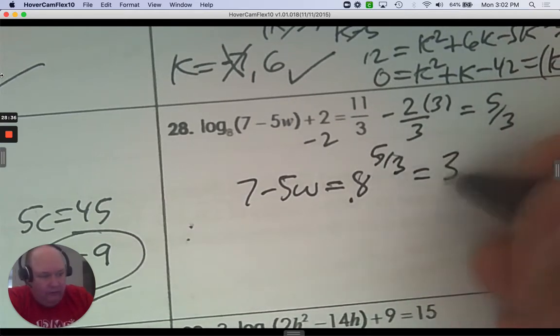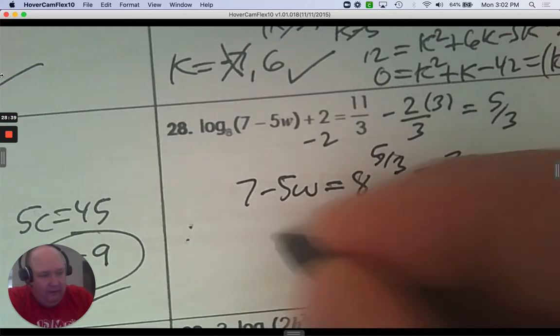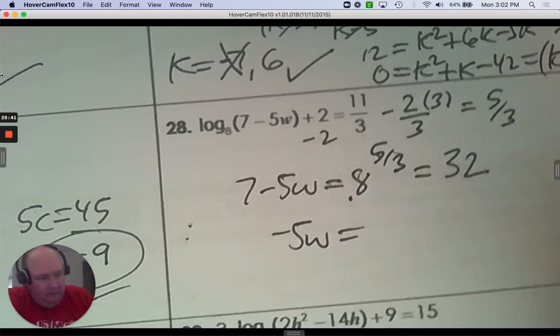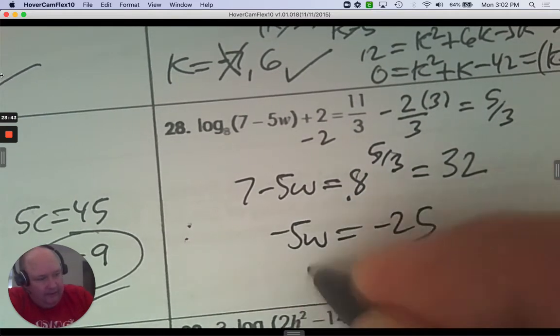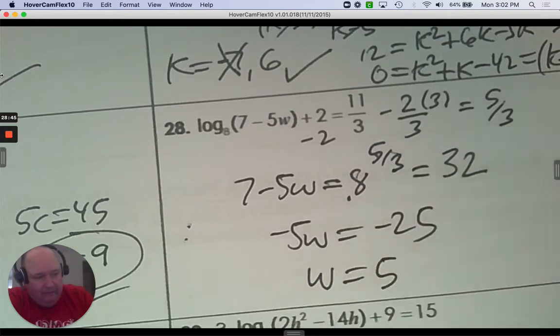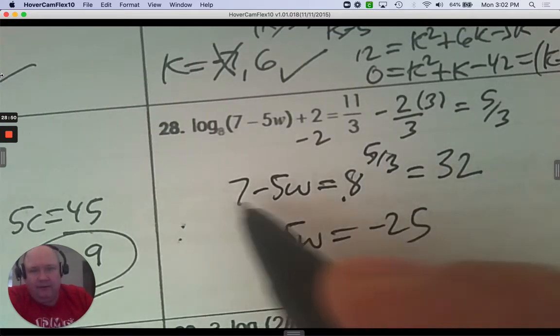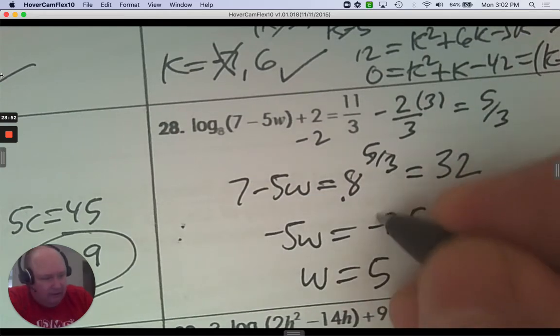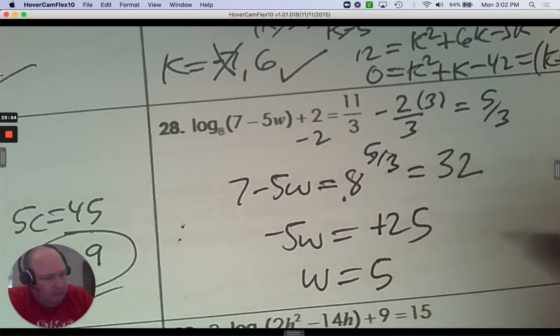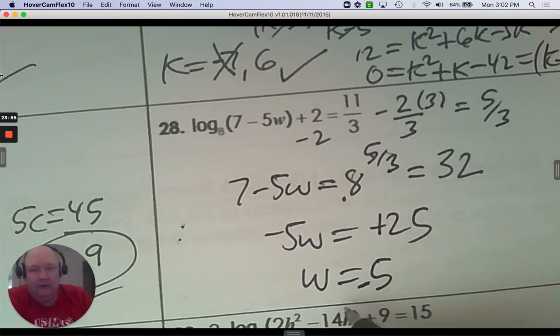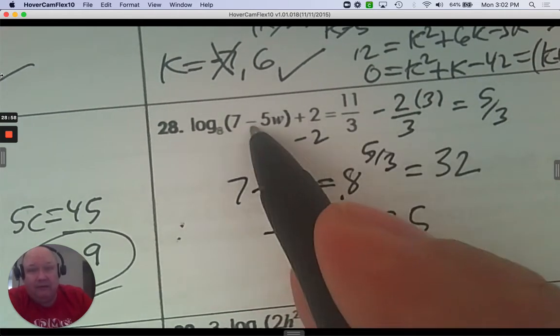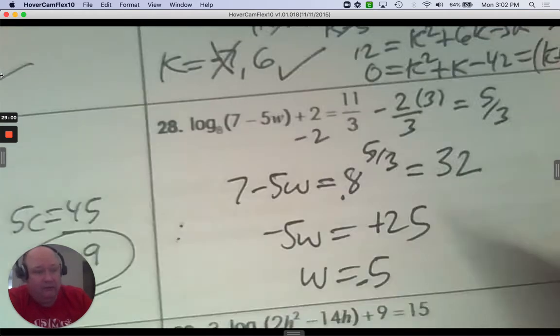So that's 2 to the 5, which is 32. Subtract 7 and divide by negative 5, and you get a good answer. Oh, what did I do wrong here? When you subtract 7, that's actually a positive. So this ends up being negative 5. That's important because a negative times a negative makes it positive inside the logarithm.